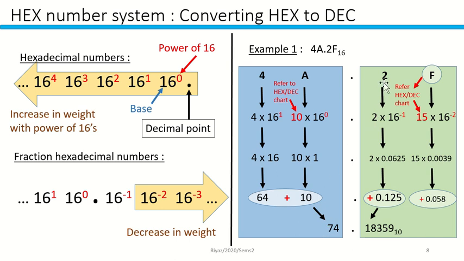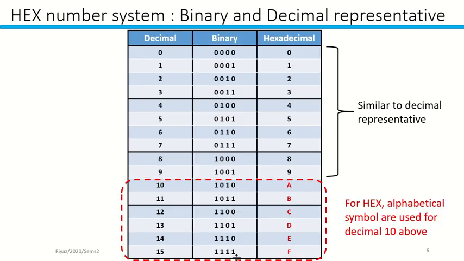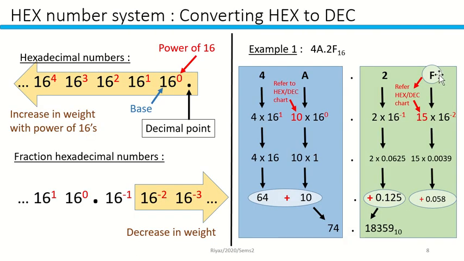So we go for the fraction. We have 2 and F. For F, you can see back the chart: F is equal to 15. After the decimal point, you're going to have 16 to the power of -1, 16 to the power of -2. So over here you have 16 to the power of -1, and over here 16 to the power of -2.